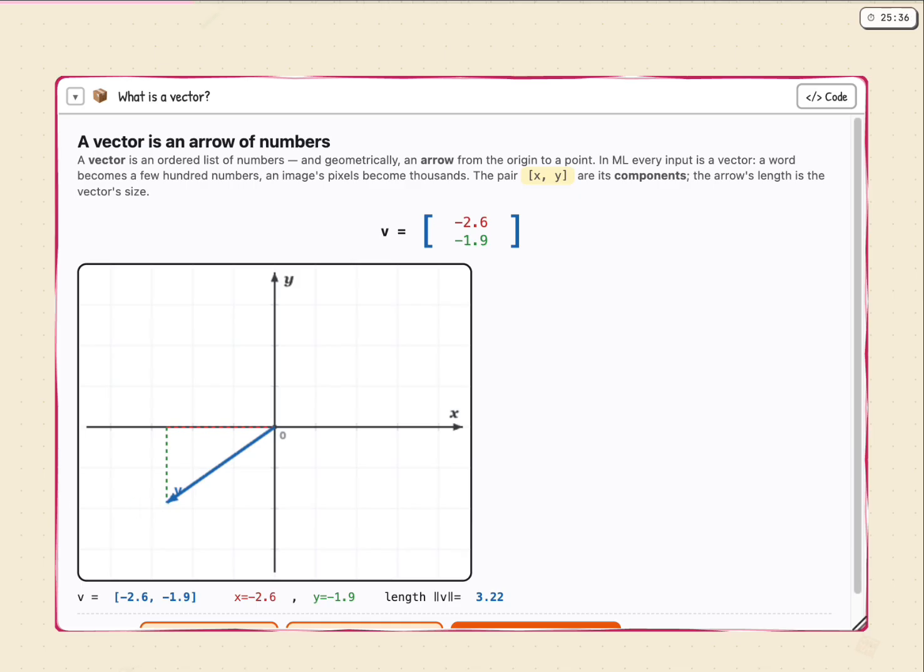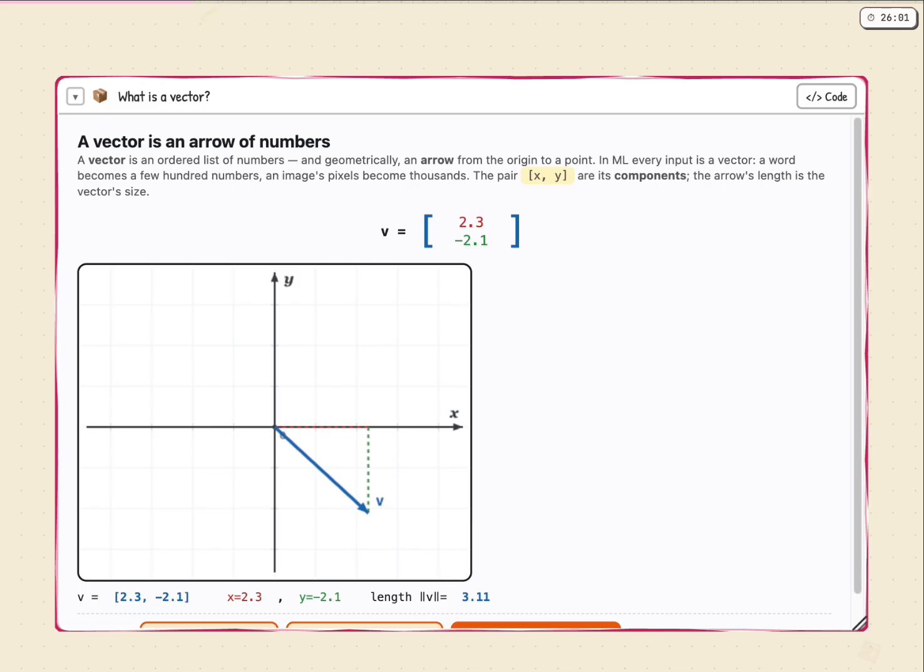Now, why does this matter for machine learning? Because in ML, everything is a vector. A word like king becomes a list of maybe 300 numbers. A photo becomes a list of thousands of numbers, one per pixel. A customer becomes a vector of their behaviors. Once your data is a vector, an arrow in space, you can measure how long it is, which direction it points, and how close it is to another arrow.